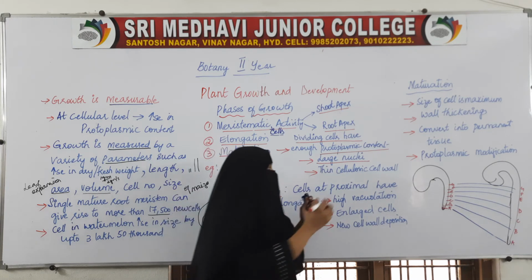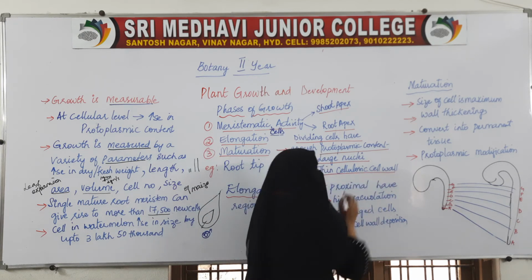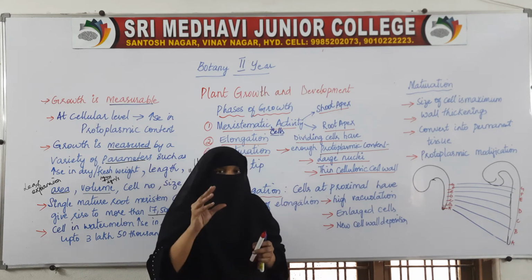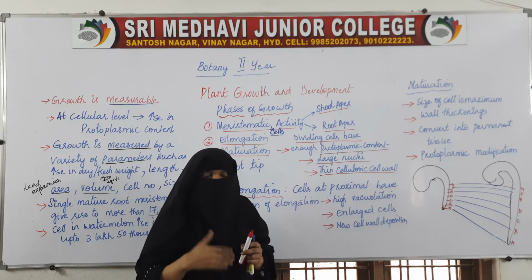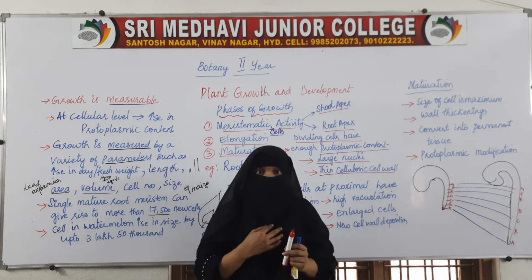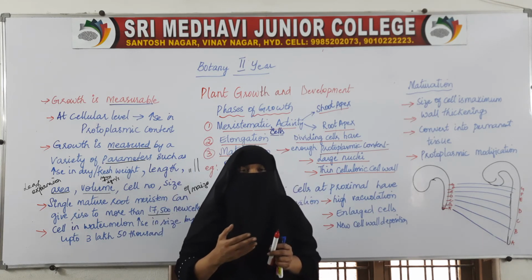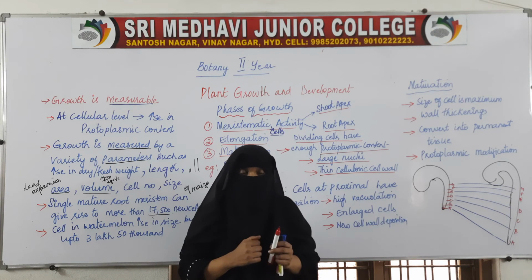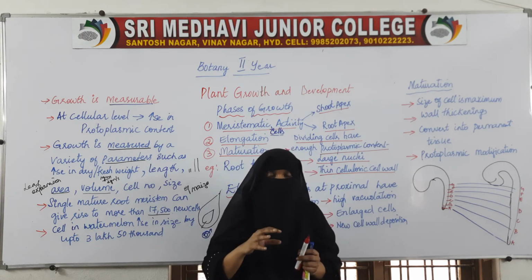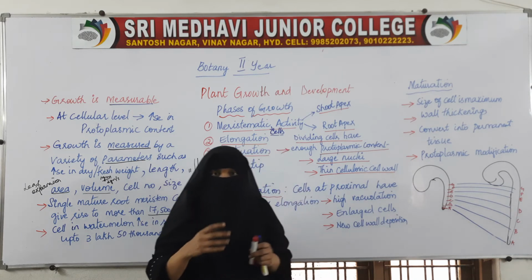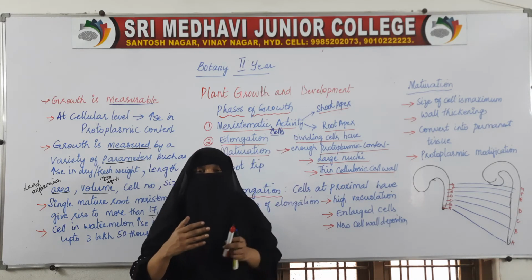Those cells will also have a thin cellulosic wall, because if the wall is thick and made up of some impervious substances, then the cell will not be able to divide. The walls will become very rigid. It will not be able to divide easily, rapidly, and in a short time.